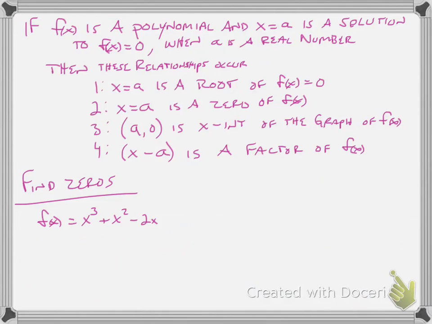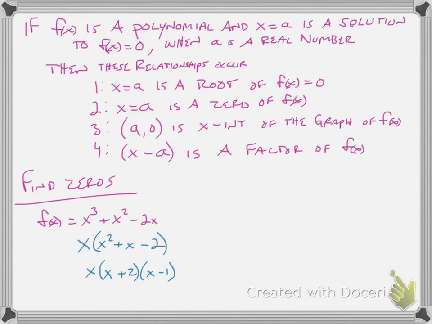So if I'm trying to find the zeros of this function, what I'm going to have to do is factor it, and then once it's in factored form I can find the zeros from there. So I first can factor out an x, leaving x squared plus x minus 2, and then that can factor into x plus 2, x minus 1, and I still have that x out in front.